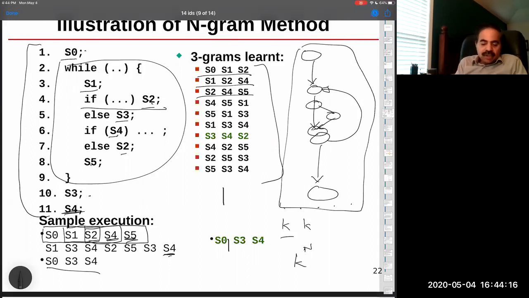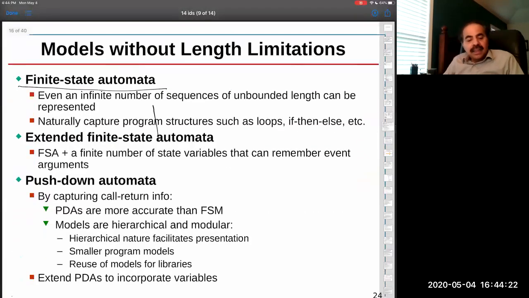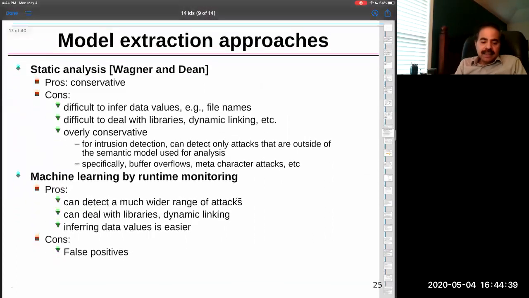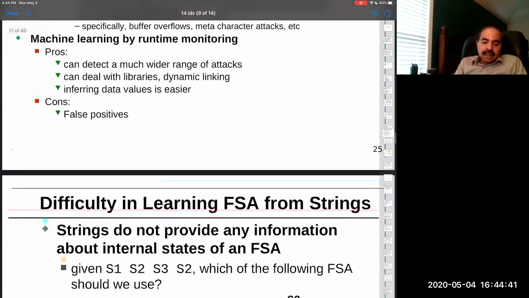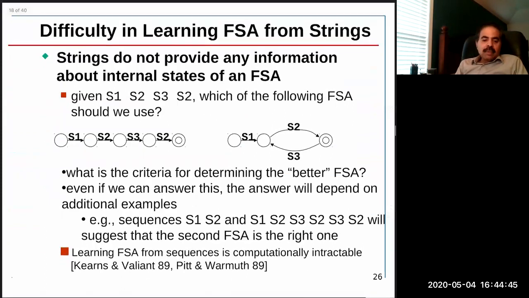So one of the questions is, can we get a more accurate model that constructs a finite state machine rather than something like n-grams? And it turns out that there is actually a very simple way to do this.